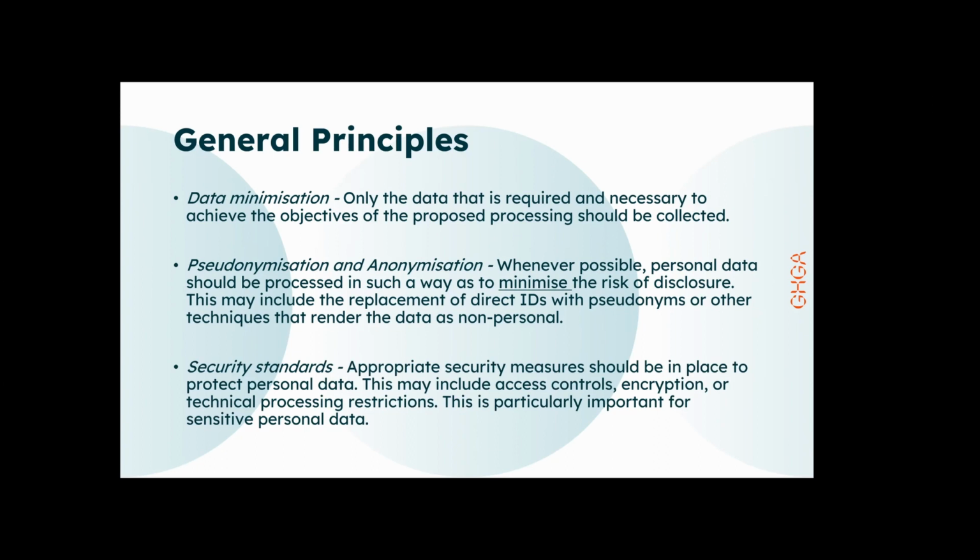And of course, there is an expectation around security standards within the GDPR. It doesn't necessarily define those standards, but it expects you to have appropriate security measures to protect the data. So for example, you may have to think about things like access controls to the data, so making sure that only certain people can access the data, that you're storing it in an encrypted form or that it's encrypted in transit, or that you have technical processing restrictions. These are particularly important for sensitive personal data, so the special categories of personal data.